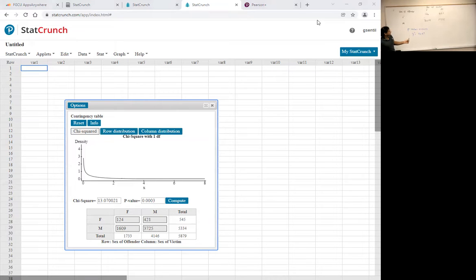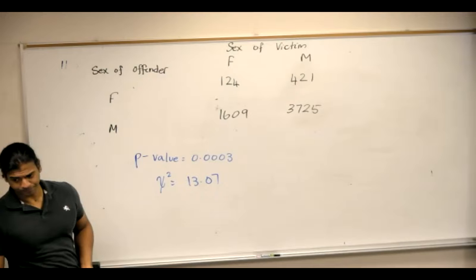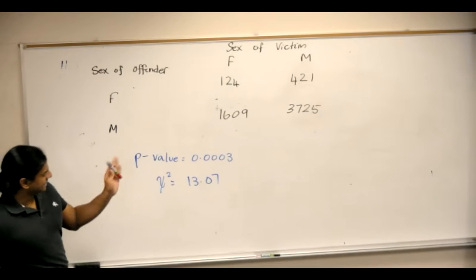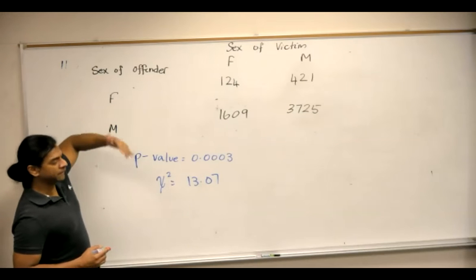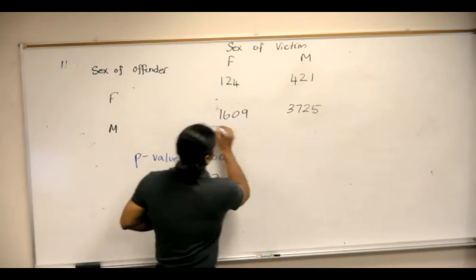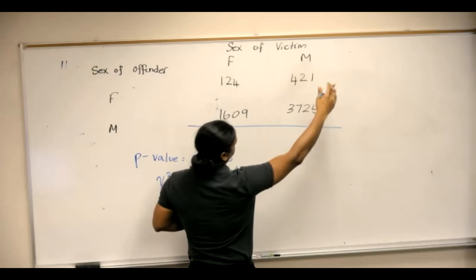You can use the critical value method to come up with a conclusion also. I'm going to just stick with what StatCrunch did. Now we're treating the response variable to be the sex of victim.